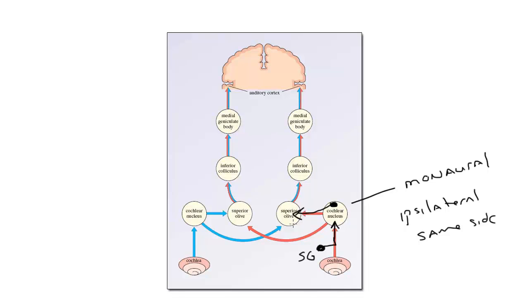Now that's fine. That's what that red arrow shows you there. Some neurons, however, send their axons across the midline to terminate in the superior olive of the contralateral side. This fiber tract in which those axons cross is called the trapezoid body. It truly is trapezoidal, and that's the reason it's called a trapezoid body. Okay, so that's that one side. What about the other side?